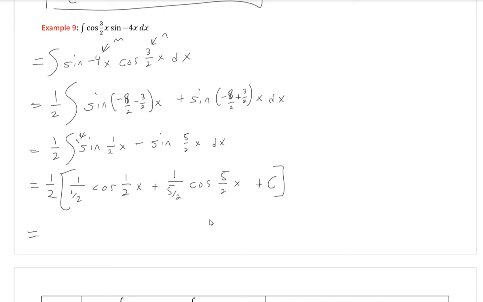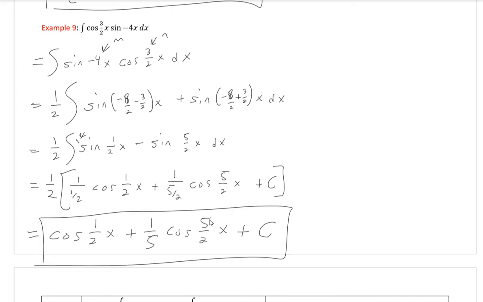If we multiply that out entirely, 1 over 1/2 gives me 2, times 1/2 just gives me 1. So cosine of 1/2 x. 1 over 5/2 gives me 2/5, times 1/2 will just give me 1/5. Cosine of 5/2 x plus c. And that's it.